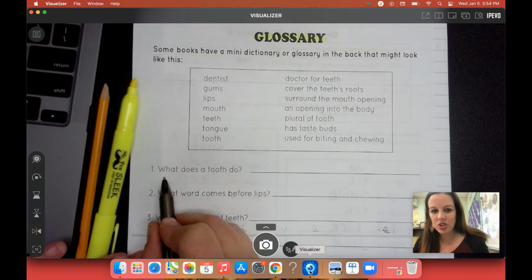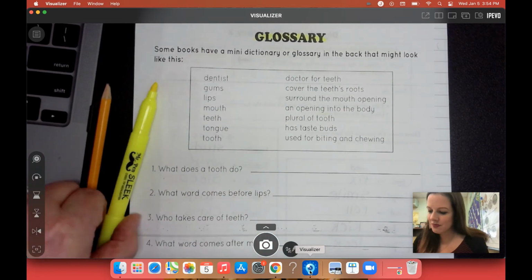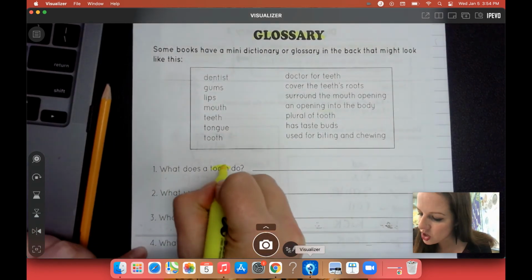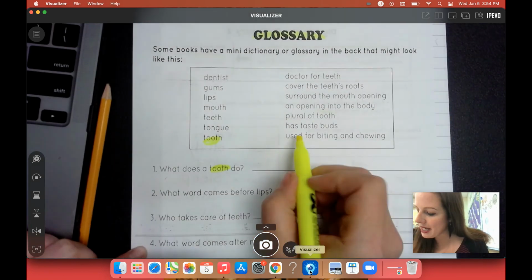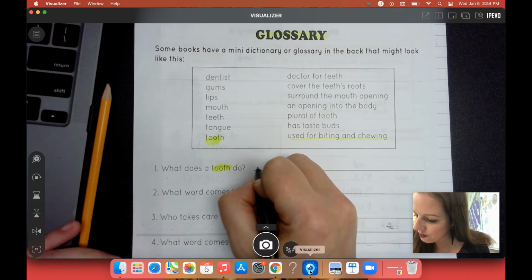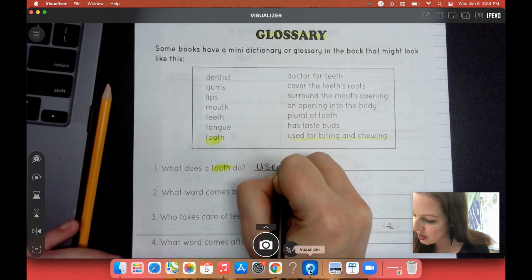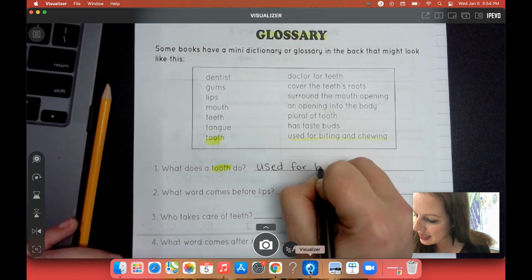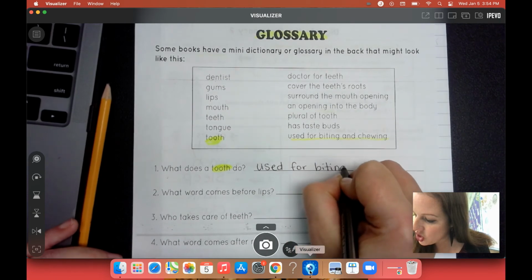What does a tooth do? Tooth, tooth, used for biting and chewing. What does it do? Well, used for biting and chewing.